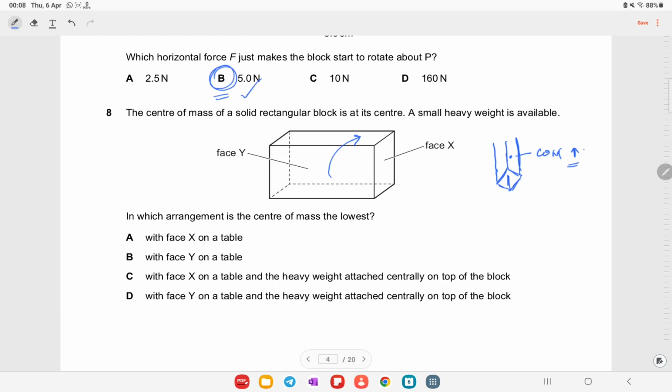But in this question it is saying the small heavy weight, in which arrangement is the center of mass lowest? So in the direction which has more surface area, when you tilt it like this, it has the lowest center of mass at that point.